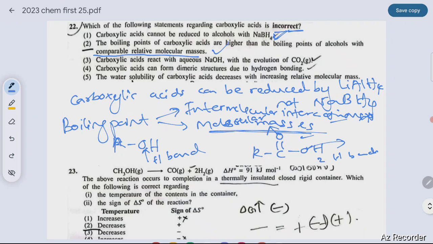Third answer: carboxylic acids react with aqueous sodium hydroxide with the evolution of carbon dioxide. So what can you say about it?